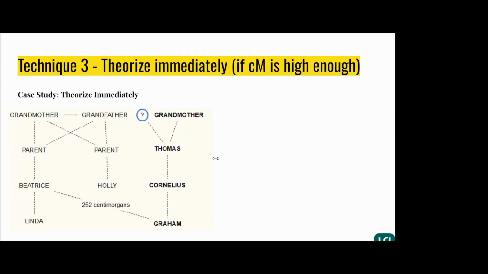So here's the final example for today. In this case, theorizing immediately meant creating this very simple tree. The person on the bottom right of the tree, Graham, knew who his father was, and that's Cornelius above him. And he also knew who his grandfather was, and that's Thomas.